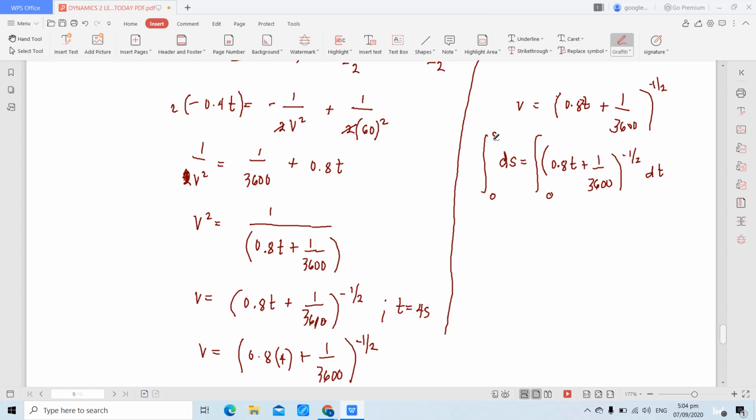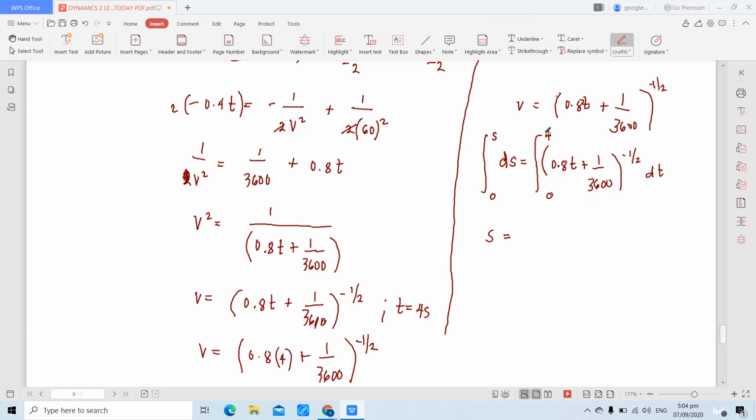The final position is at final time 4 seconds, dahil after 4 seconds yung kinukuha. So what is the integral of ds? That is s. From 0 to s, that is still s minus 0. Eto, i-substitute na yun sa calculator nyo, guys.